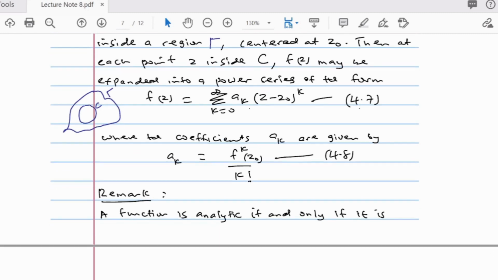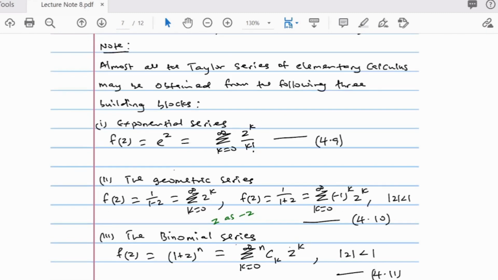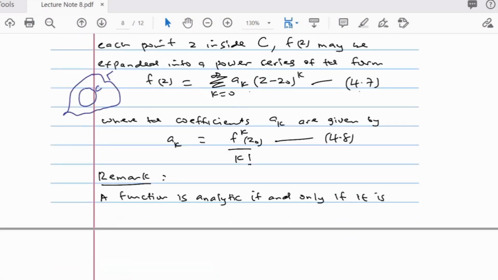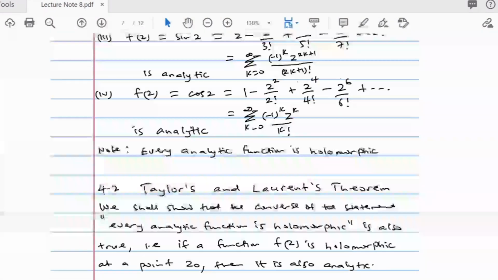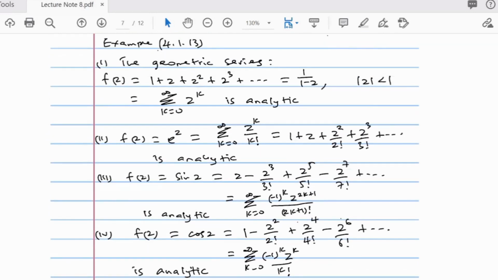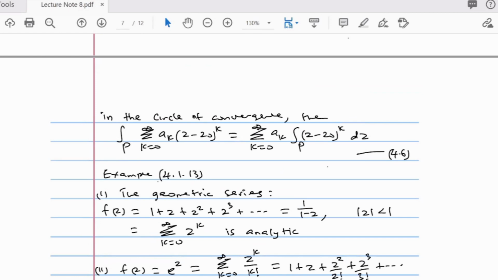That's one way. Another way of computing a power series, which is sometimes a bit technical, is this.